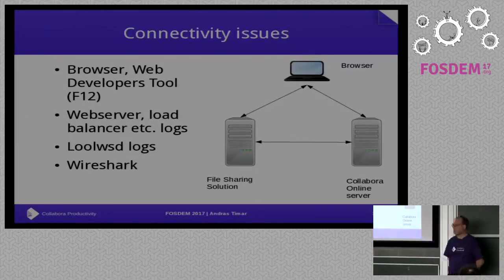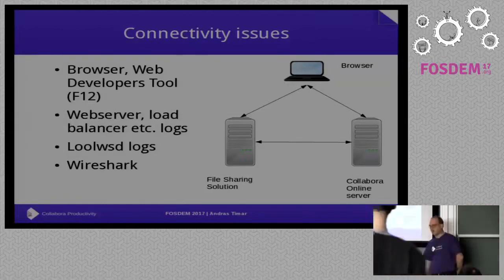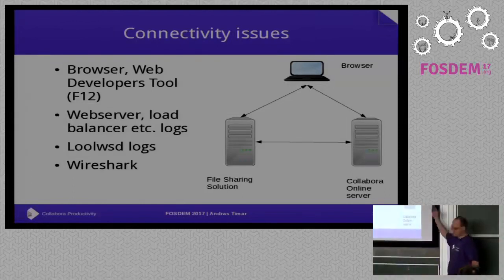So we can have problems with self-signed certificates when the Collabora Online server certificate is not accepted by the file sharing solution or by the browser. You can even do SSL offloading at the load balancer, or you can use a reverse proxy to use the standard ports instead of the default port of Collabora Online server.